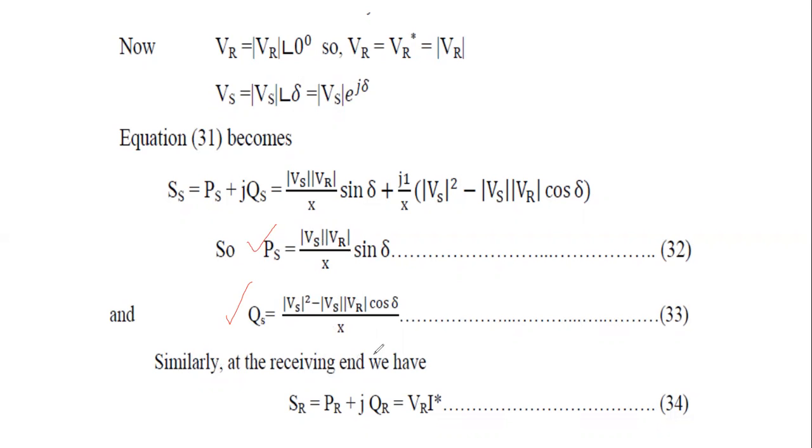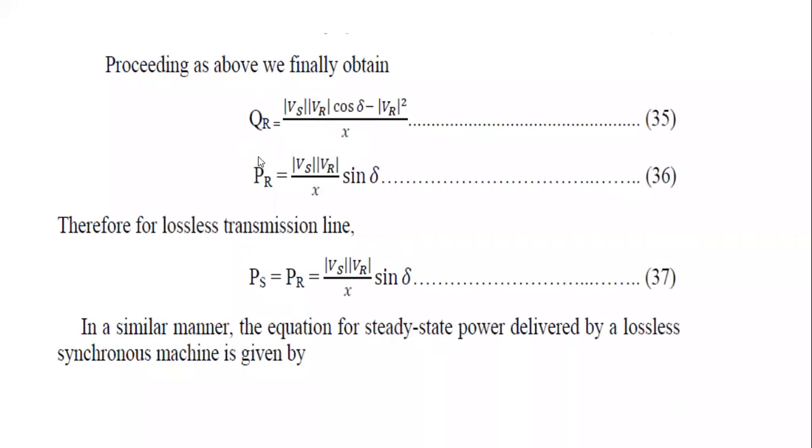Similarly, this is the sending end power, and then the receiving end power is Sr. Sr is equal to Pr plus jQr, which is equal to Vr into I conjugate.